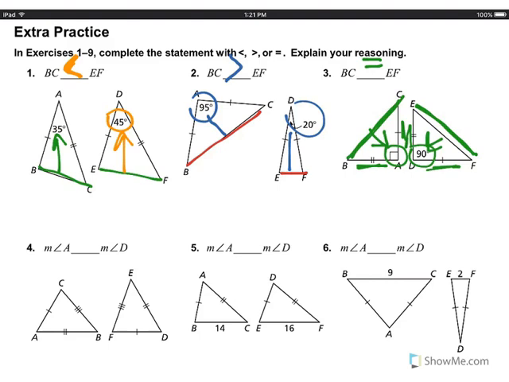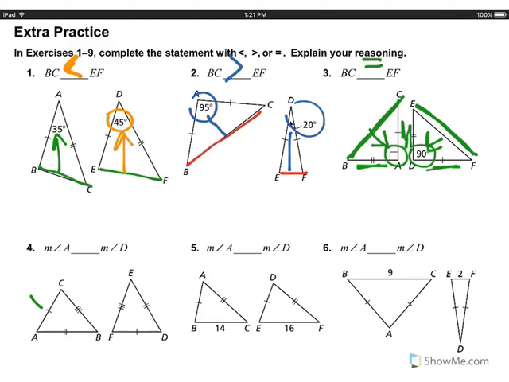Okay. 4 through 6 is just comparing angle measures. Alright, so for number 4, we see that the 1 tip mark is going to be the smallest, 2 tip marks is going to be the middle size, and 3 tip marks is going to be the larger size.